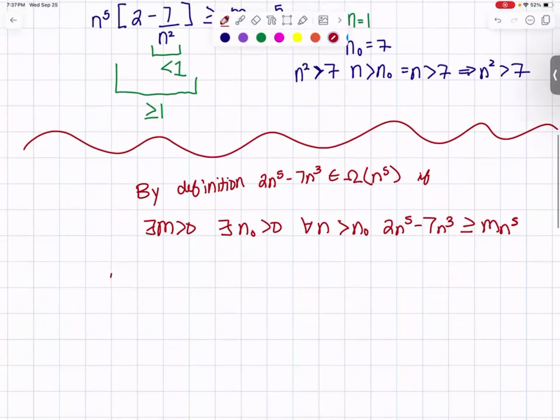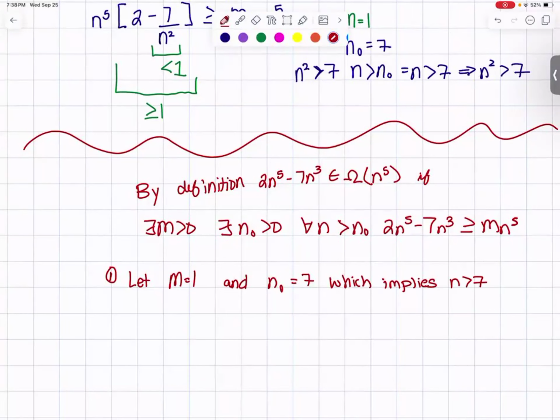So here we get to do our step 1 where we actually pick those values. So let's let m equal 1 and n naught equal 7, which implies n is greater than 7.